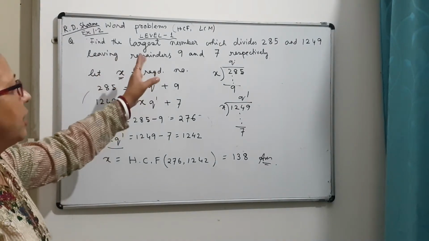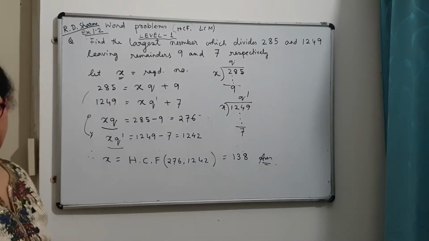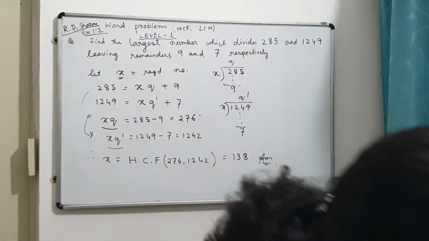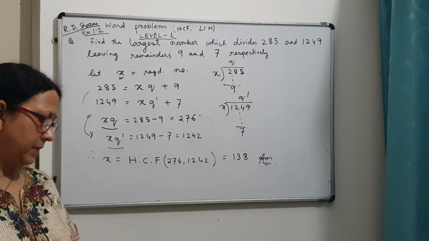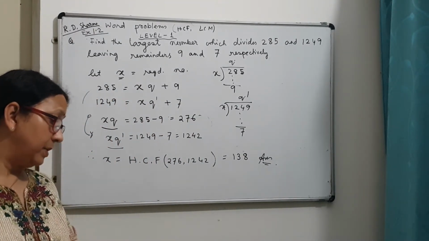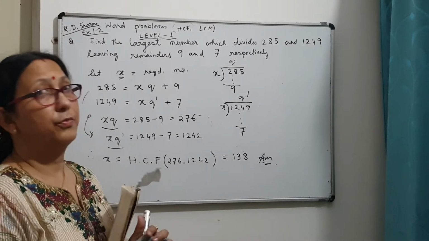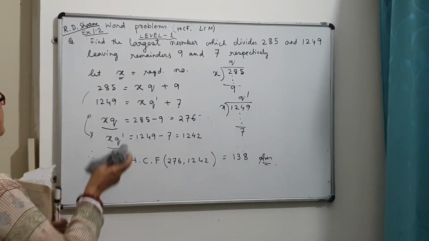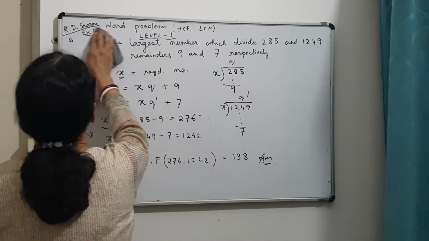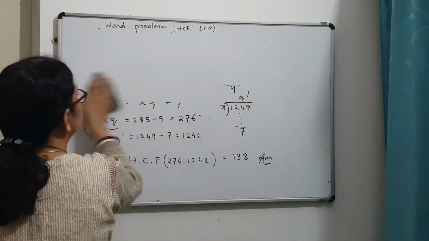Now let's come to the word problem given in the NCERT book. In the NCERT, I have some word problems, that is the first word problem: an army contingent of 616 members. Okay, so this is fine. Now let me give you the solution of the NCERT one.